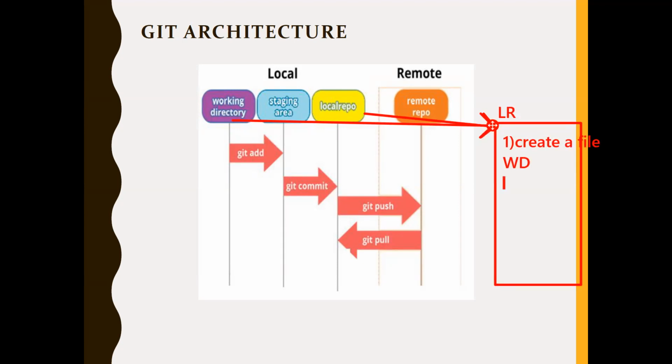You just placed a file there. Later, if you run git add, it is said to be in the staging area. Later, if you run git commit, then actually it is said to be in the local repository. The file is the same. The file is in the same folder. But logically, this is how they are different. So local repository and working directory are one and the same, but logically, this is how they are different.